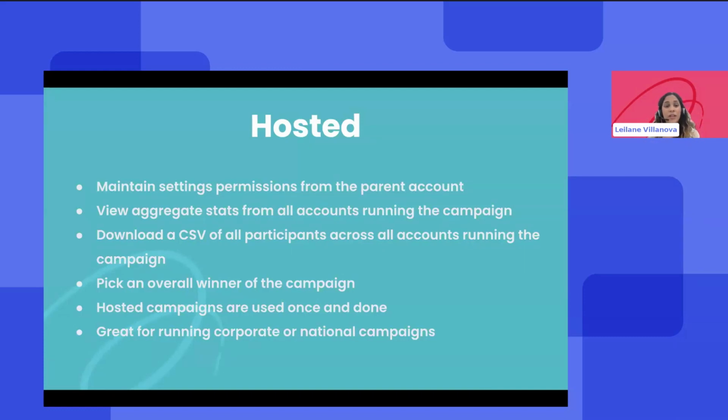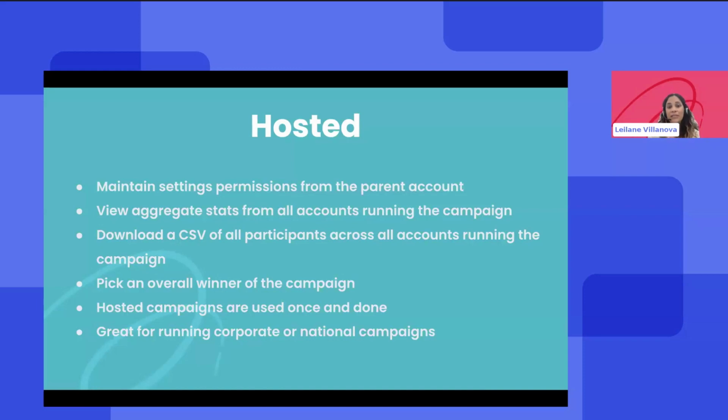You'll be able to view aggregated stats from all accounts running the campaign. As I just showed you, you can see the overall by going to the stats tab that we have in any campaign. And you can also see specifically stats from each one of the child accounts that you syndicated that campaign to.